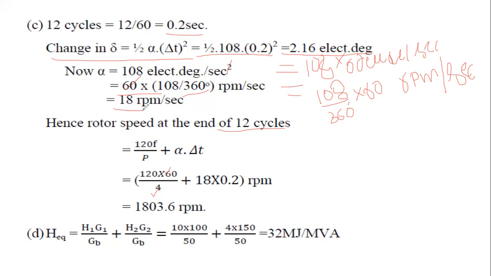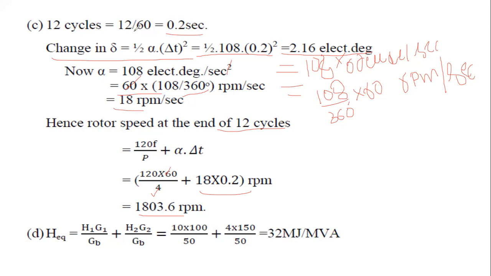That is 18. 18 into, what is the delta T? That is the 12 cycles, converted into seconds, that is 0.2 seconds. Substituting its value 0.2, it will be equal to 1803.6 RPM. Okay, this is the C bit.